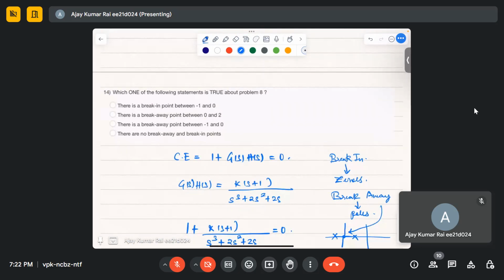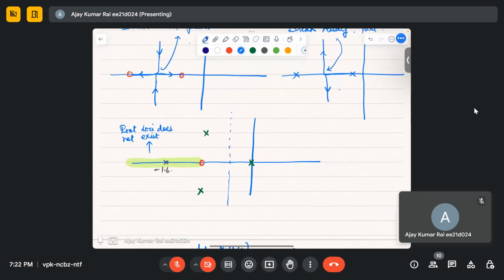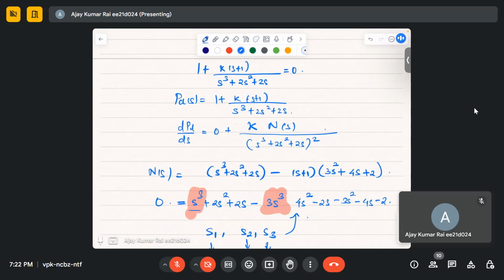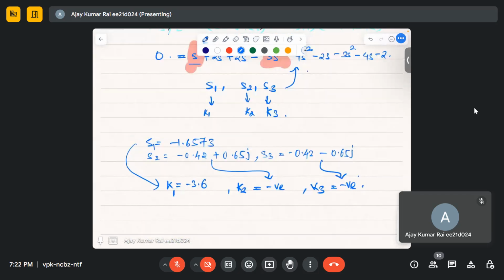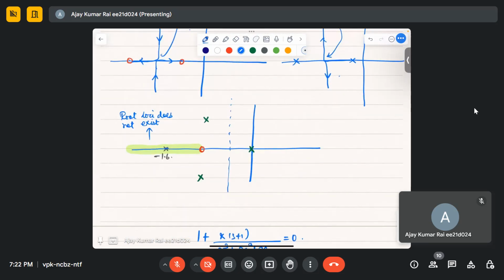So the option is the last option. Directly by looking at these points we can say that a break-in or breakaway point does not exist, but mathematically you can also prove it by doing it like this. Any doubt in this question?